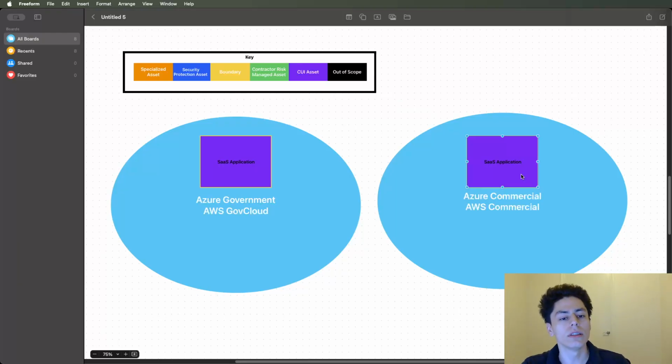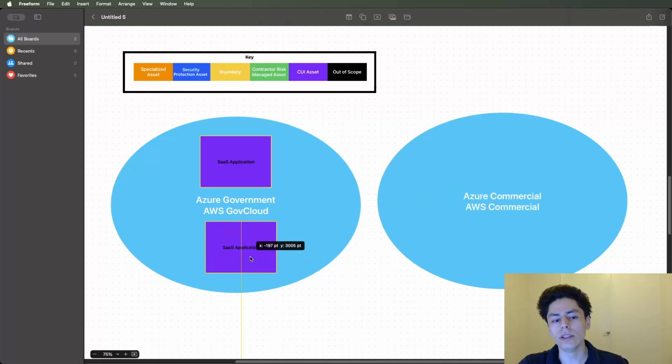and they start reaching out to the software service provider, the cloud service provider, asking them, hey, can you guys get compliant? Can you guys do this? And then the cloud service provider would respond and say, oh, we can move your instance of our software into AWS GovCloud or Azure Government.